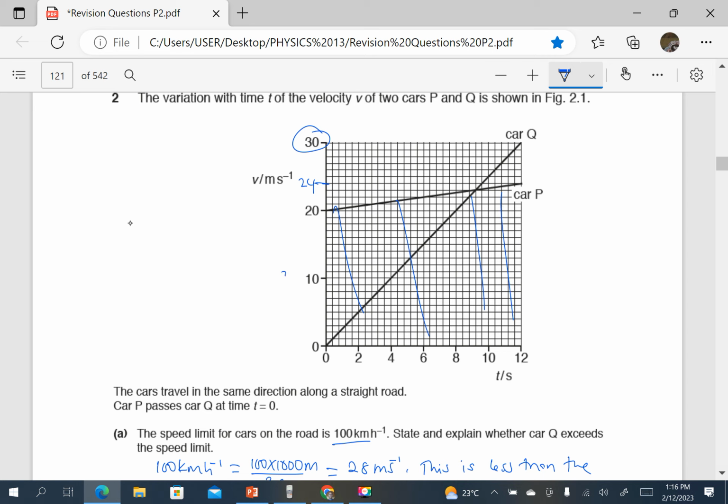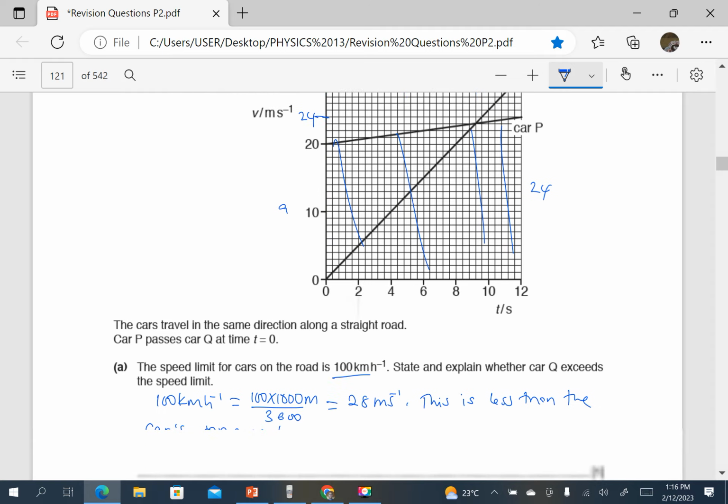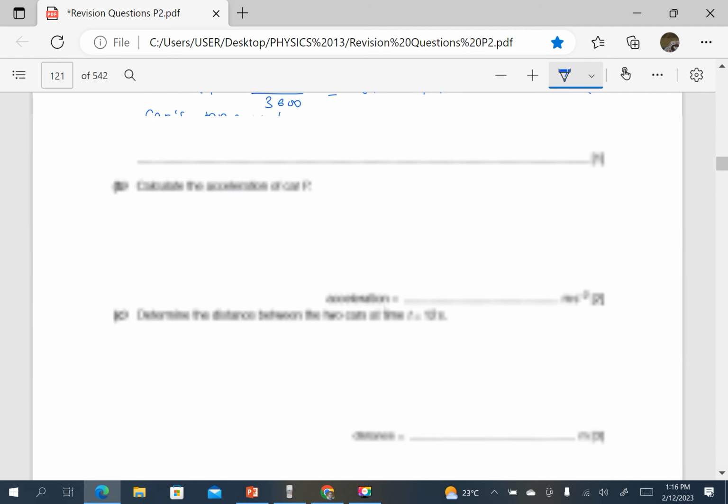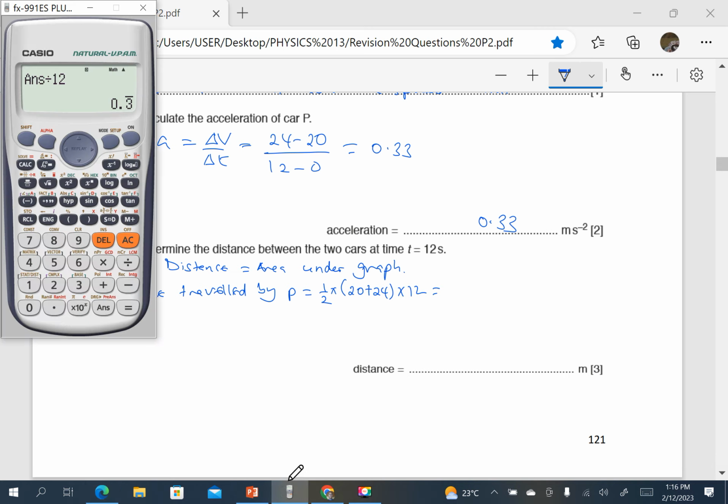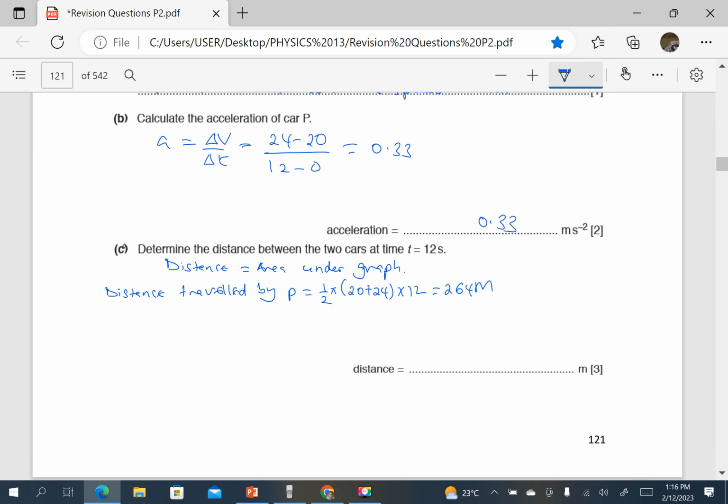So A will be 20, B will be 24, and the height will be 12. So I'll simply say a half, using the formula of a trapezium, A plus B times height, which is 12. So that is 20 plus 24 divided by 2 times 12. So that is 264 meters.